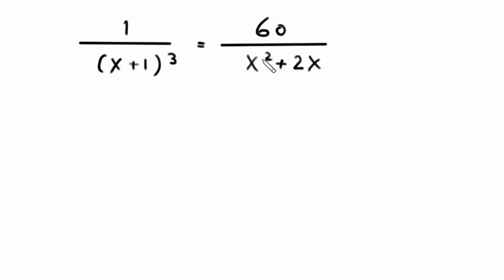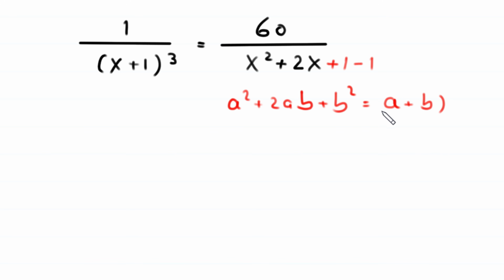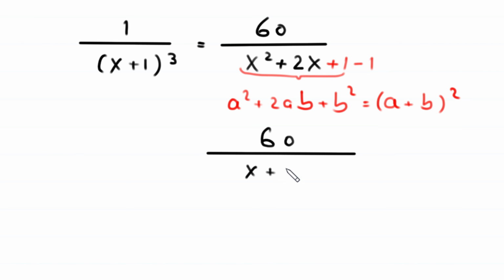Now to make this x squared plus 2x a perfect square, we add here 1, and also subtract 1. So by using this algebraic identity, a squared plus 2ab plus b squared equal to (a plus b) whole squared, this x squared plus 2x plus 1 will become 60 divided by (x plus 1) whole squared.